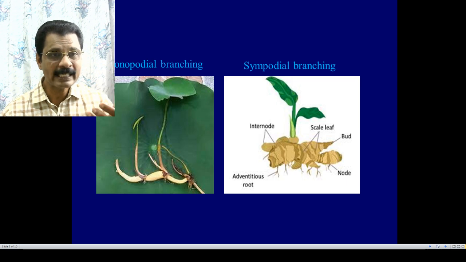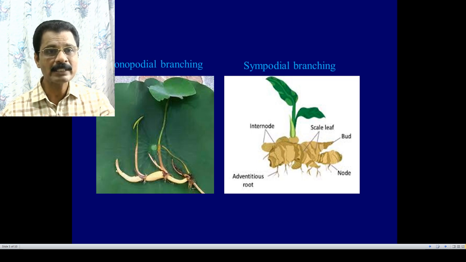One grows vertically downwards. Such a type of rhizome we call it as vertical rhizome. And some rhizomes grow horizontally below the surface of the soil, as in the case of lotus. Lotus is an aquatic plant, but the rhizome is immersed in the mud.